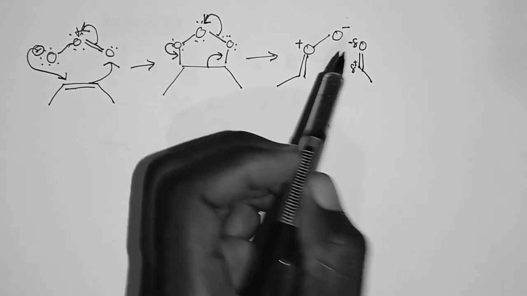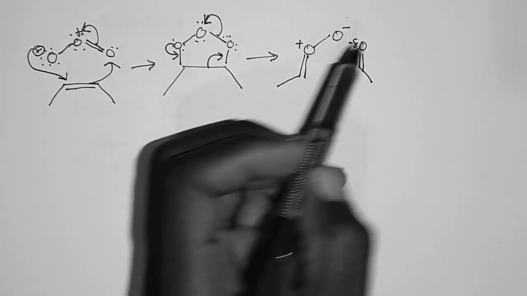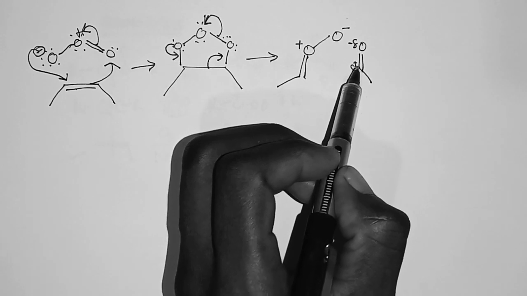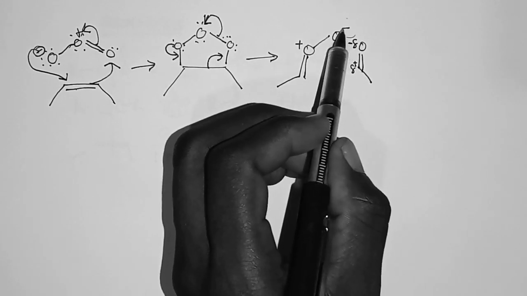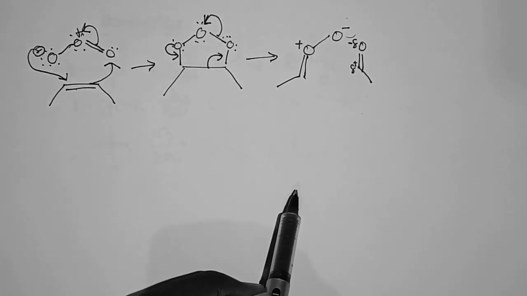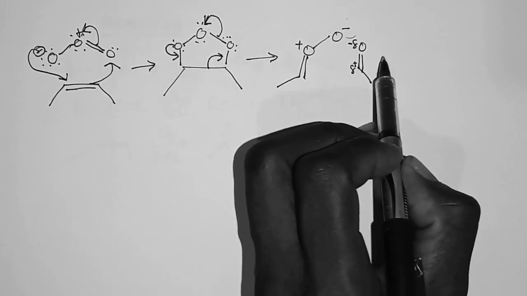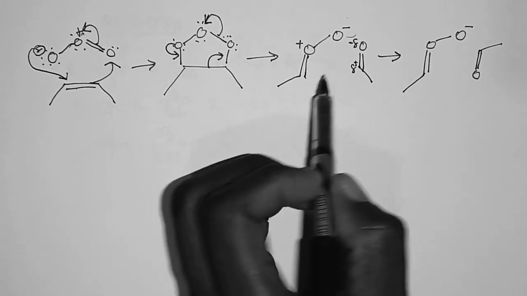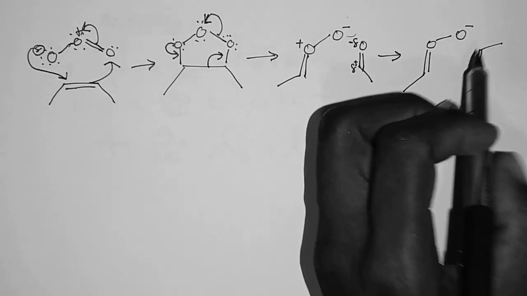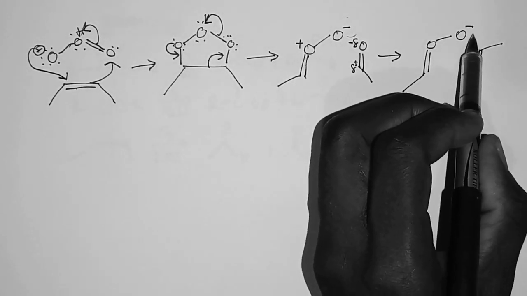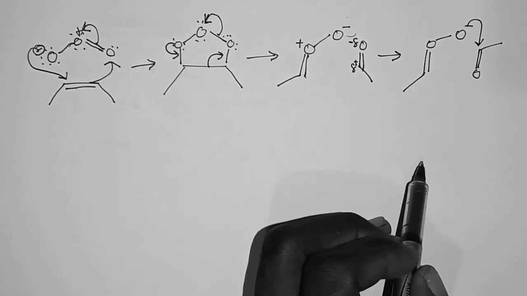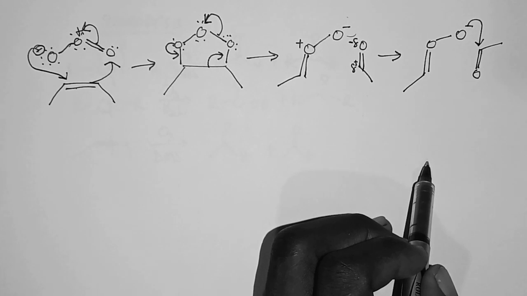And therefore, in the next step, this molecule would have to turn upside down so that this positive center can be attracted to this negative center. So this is the kind of orientation that these molecules will assume. And because there are partial positive charges here, it will cause this one to donate its lone pairs to this carbonyl center.